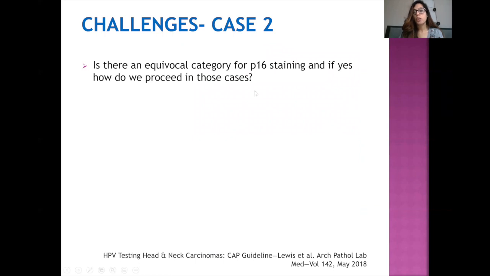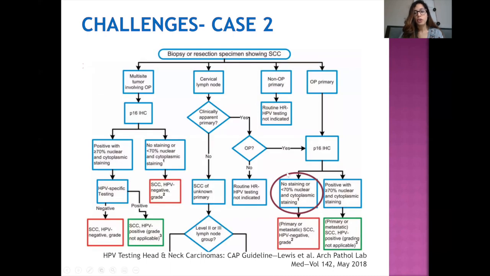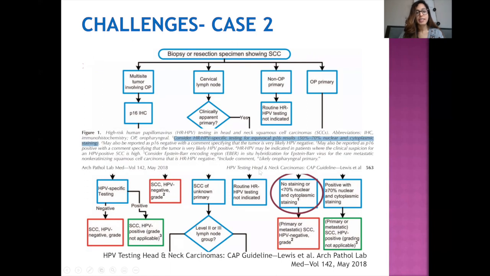You might ask, with 70% being positive, is there an equivocal category between completely negative for P16 and more than 70%? And if yes, how do we proceed in those cases? As part of the paper, they've provided a section that says if you've got equivocal staining, considered between 50 to 70% nuclear and cytoplasmic, you should consider doing high-risk HPV testing.